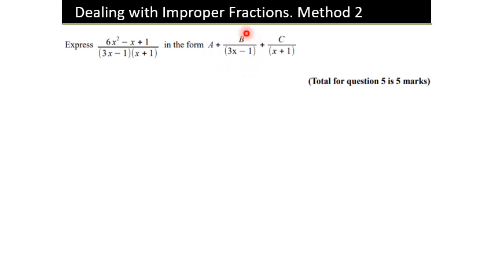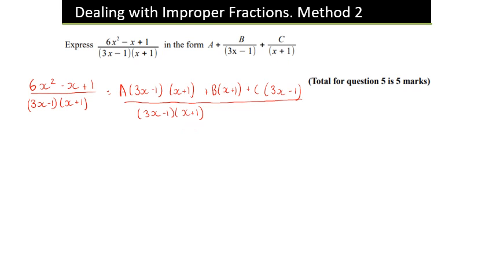I'm going to need to multiply the second fraction by x add 1, and I'm going to need to multiply the third fraction by 3x minus 1. So I've written the right hand side here all over a common denominator of 3x minus 1, x add 1. Now that I know my numerators need to be the same as each other, rather than rewriting that out again, I'm just going to get rid of my denominator.